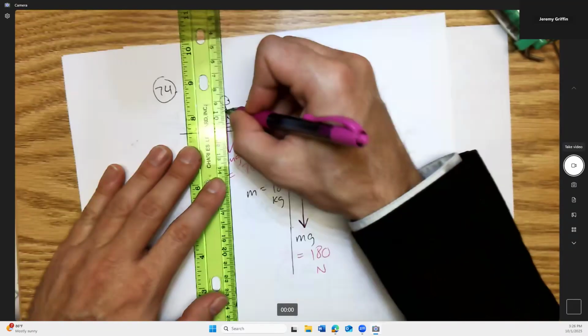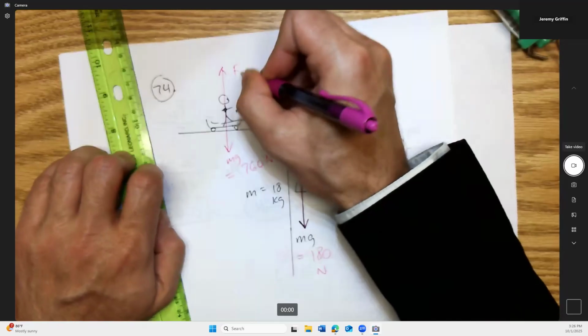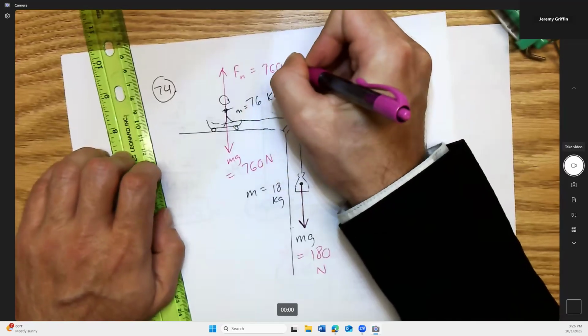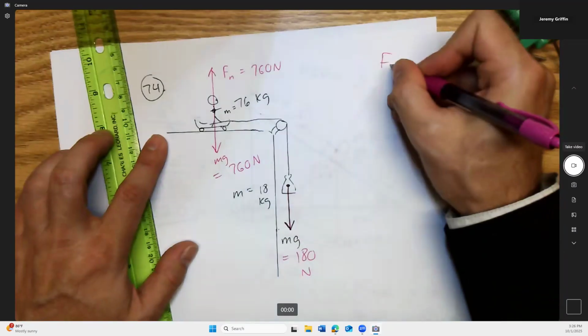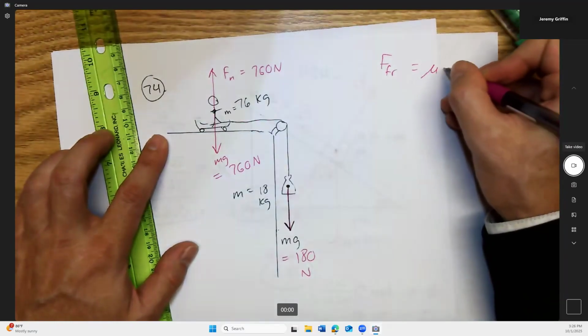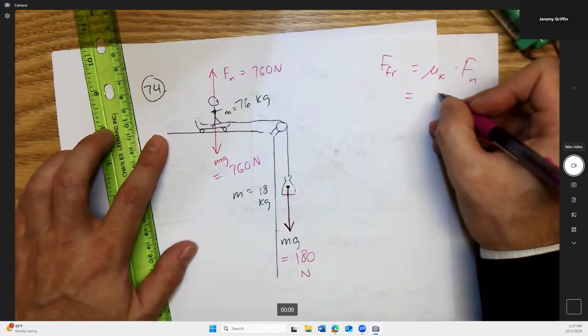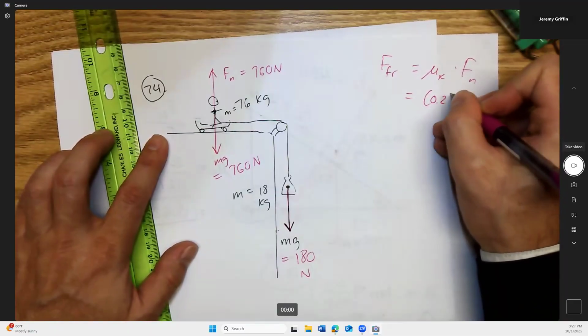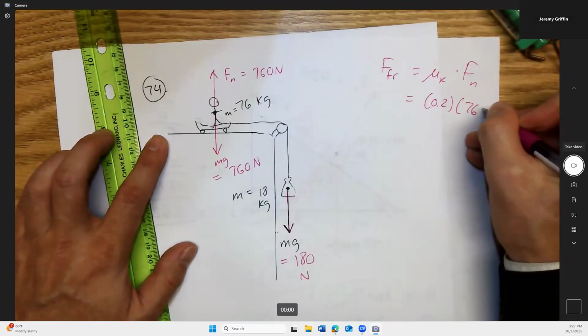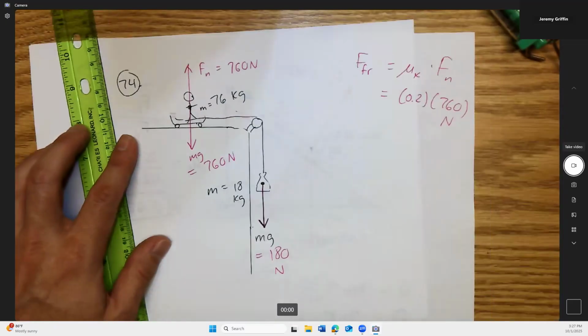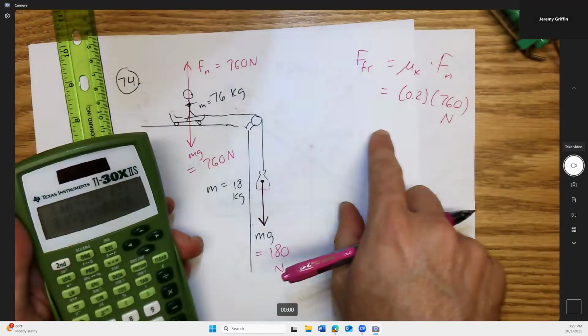Therefore, what's the normal force? 760 newtons. And then, isn't friction force equal to coefficient of friction times the normal force? And the coefficient of friction was given as 0.2. Normal force we just found is 760.